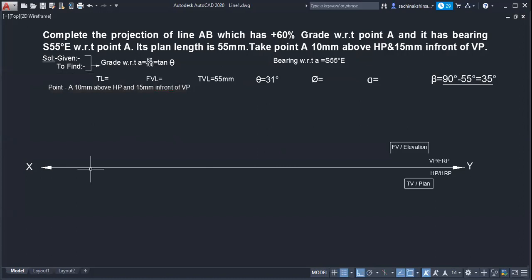Now see the problem carefully and see what is given. Out of 7 parameters, how many parameters are given? 3. Which are they? TVL, theta and beta. Are the given parameters related and dependent?